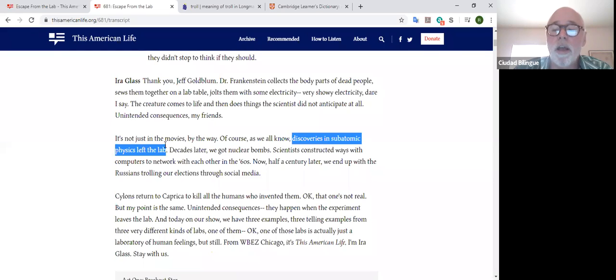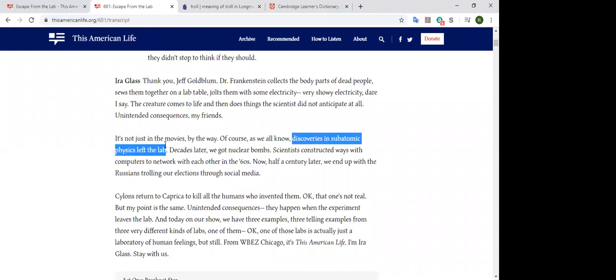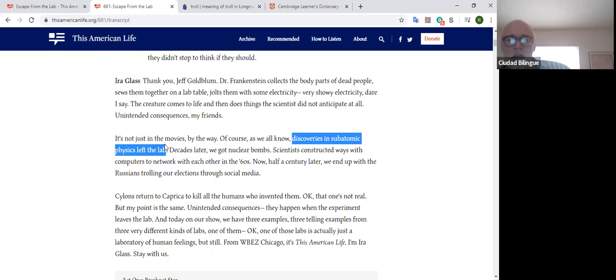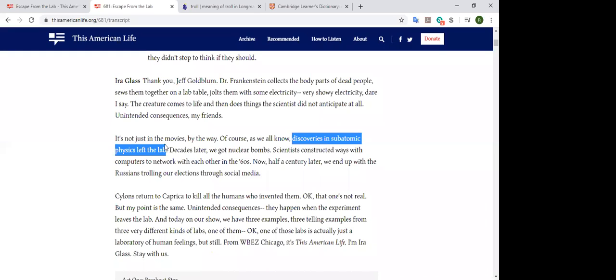Okay, again, Dora and Valentina. Dora with the sentence. Go. Discoveries in subatomic physics left the lab. What did discoveries in subatomic physics leave? Good. So you see what she changed, Dora? Instead of changing the subject, let's do it two ways. Say the same again. Wait just a minute.